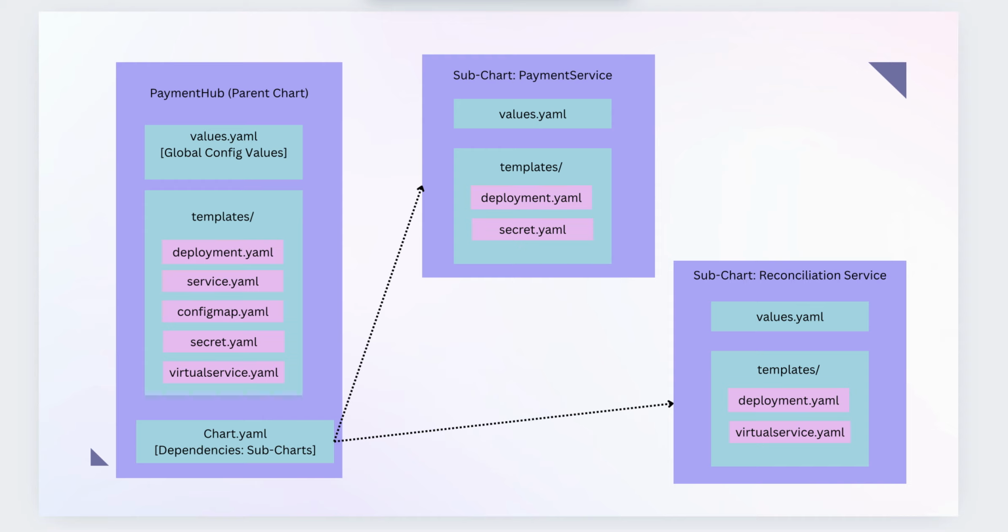We have two subcharts, payment service and reconciliation, each with their own values.yaml and templates directory. The payment service subchart includes deployment.yaml for pod configurations and secret.yaml for sensitive data.